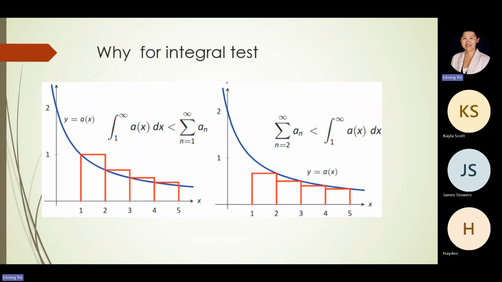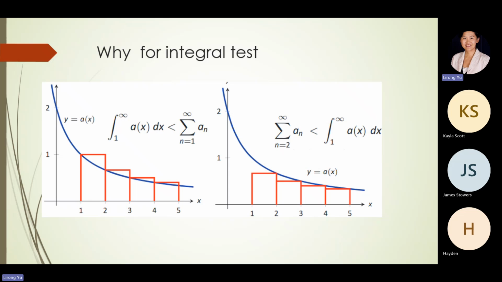You can keep going, this picture can go on and on to the right. So the red rectangle area is the summation of a n, n equal to 2 to infinity. Any question?